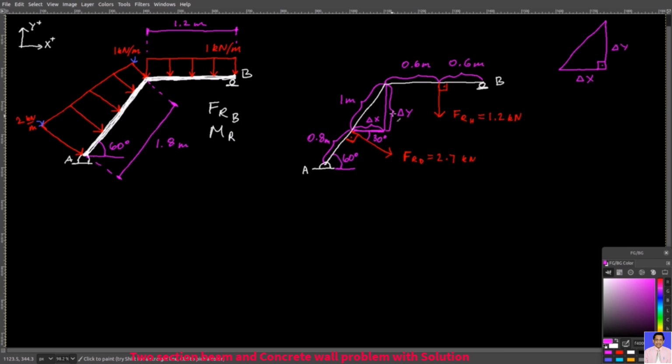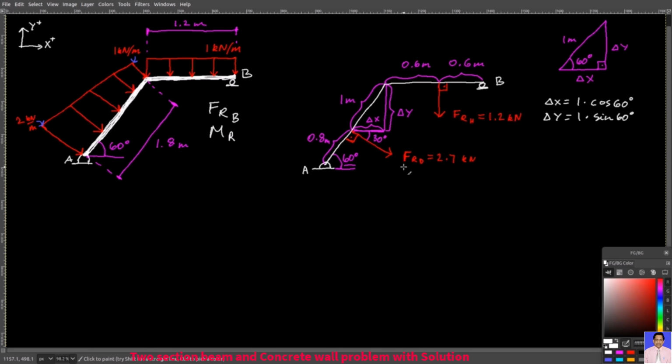Then as you can see from this image, the hypotenuse is 1 meter, and since I have 60 degrees here, that's the angle between this diagonal beam and the horizontal line, then my delta x is also a horizontal line. So that means that I have 60 degrees here. Thus, I can say that delta x equals 1 times cosine 60 degrees, and delta y equals 1 times sine 60 degrees.